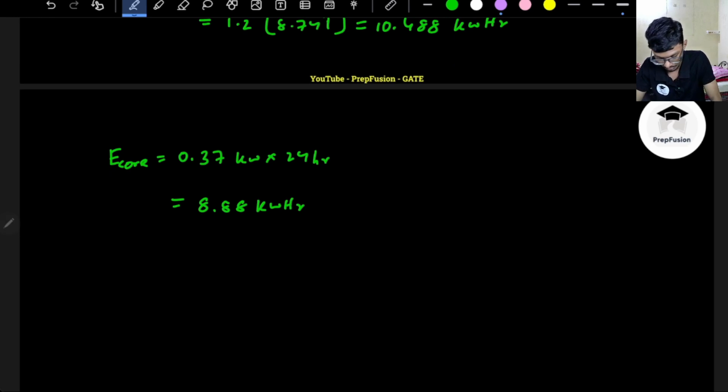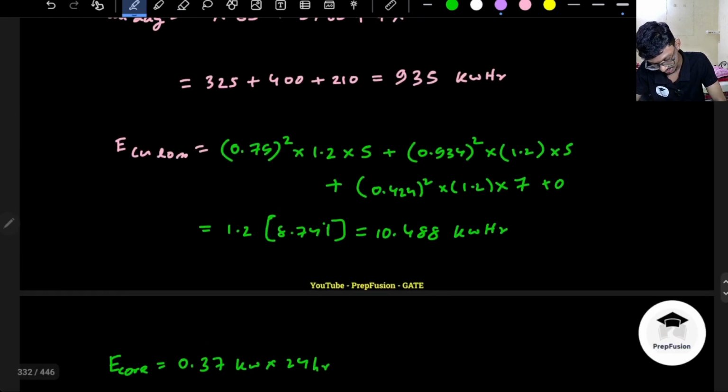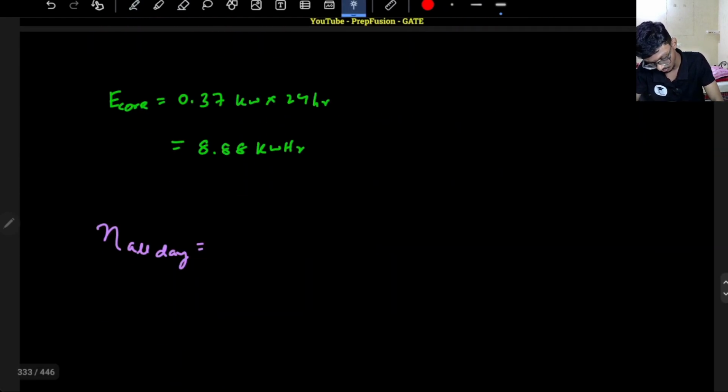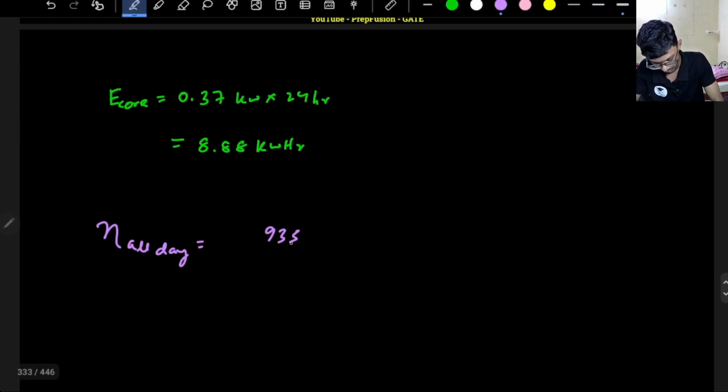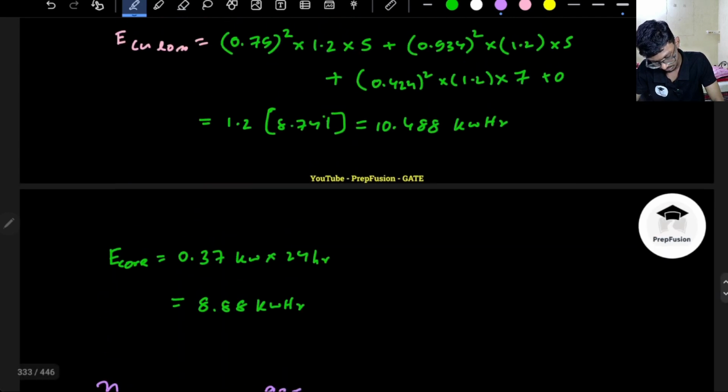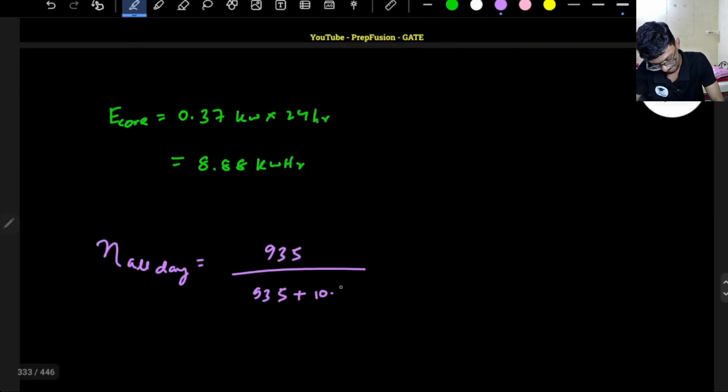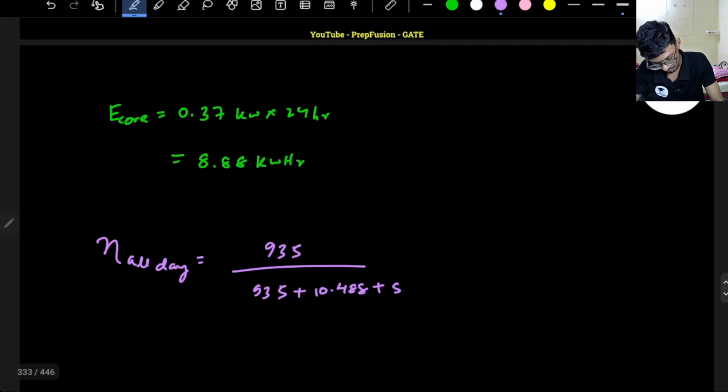So now I can find out my all day efficiency. It will be the total energy consumed, that is 935 kilowatt hour, divided by 935 plus 10.488 plus 8.88, into 100, because I want to calculate in percentage.